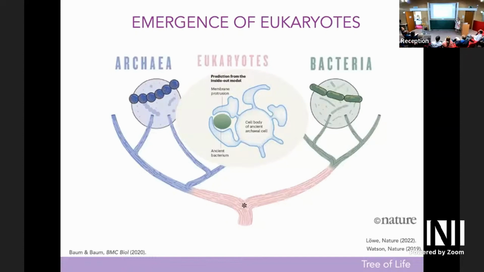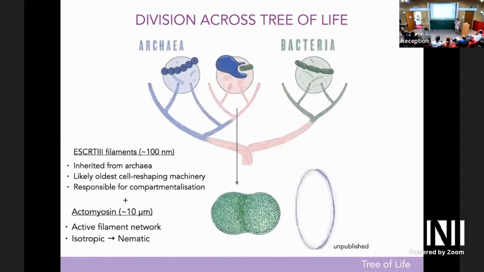And just for completeness, how eukaryotes now divide, given that we came from archaea, we still use archaeal machinery, these are these ESCRT filaments, to cut when the eukaryotic cell is squished to about 1 micron, which is the size of archaea. But then, because the eukaryotic cells are much bigger, they had to invent an additional mechanism, which is this actomyosin mechanism, which acts at a larger scale, around tens of microns.